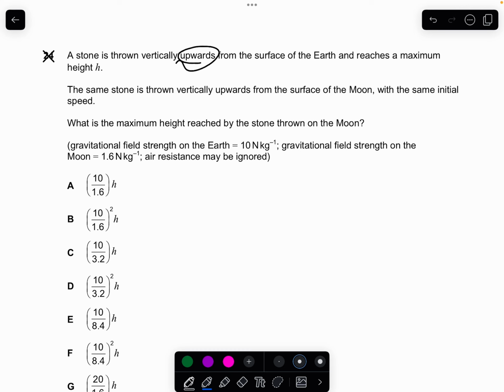Vertically upwards from the surface and reach, so v equals this. The moon, okay, same initial speed.